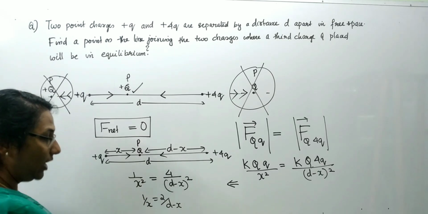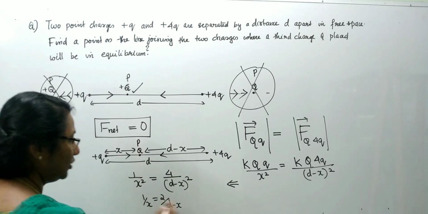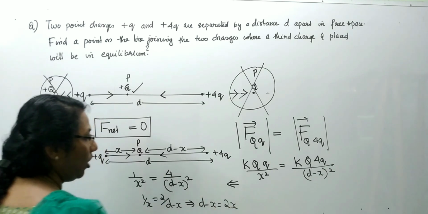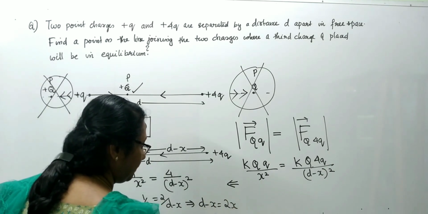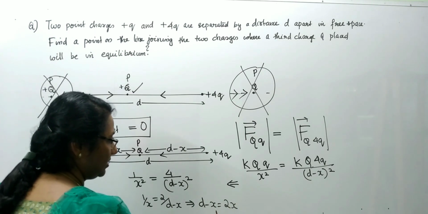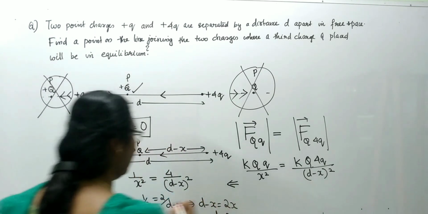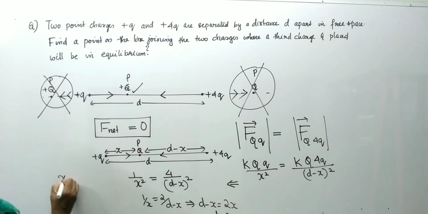Okay, so from this equation, d minus x is equal to 2x, so d is equal to 3x. From here, finally, x is equal to d by 3.